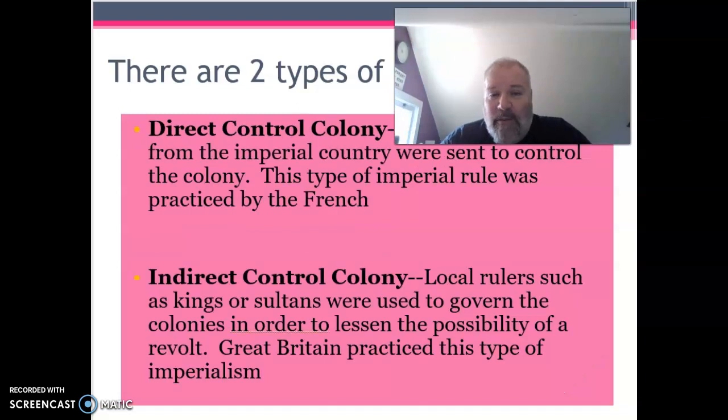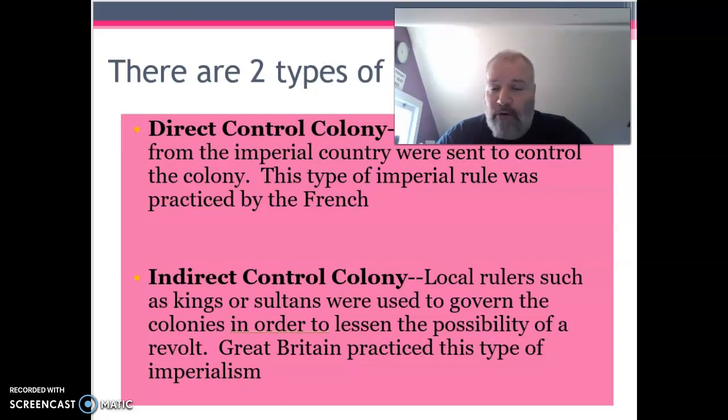The best way to go about it is if you can control indirectly, that's better. Indirect means local rulers like kings or sultans still govern. They still do the day-to-day governance, but they do it with Britain's guidance, or Britain sort of telling them what to do. Or you could do direct control. Your presence is felt in cities and towns.